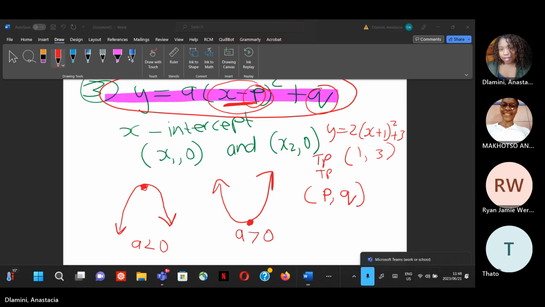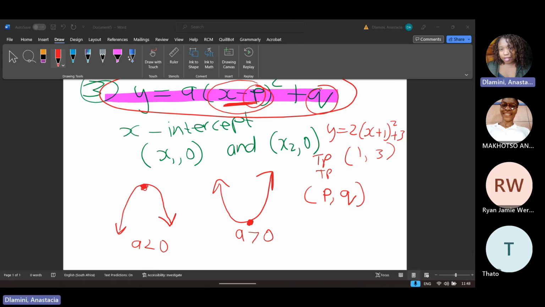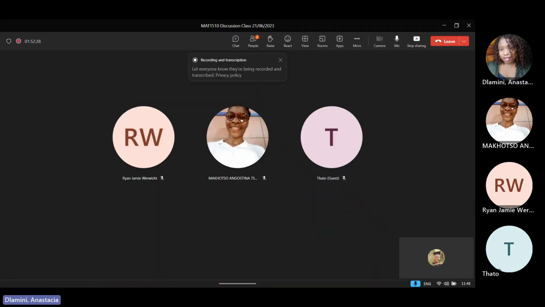Guys? What will be the coordinates of the turning point? Ryan? Ryan? Tato?